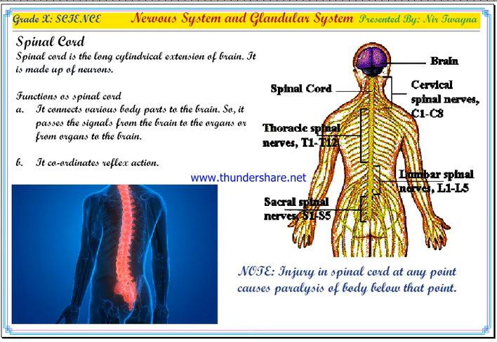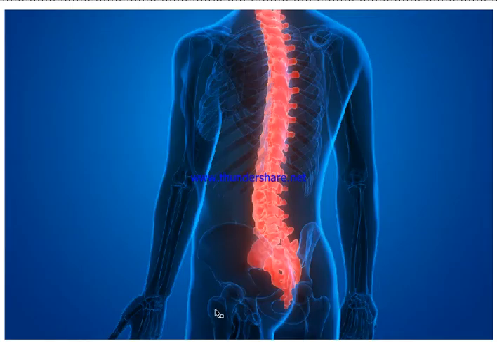It needs to be protected, and it is protected inside our vertebral column. The vertebra is very hard bone, so any physical injury from outside is prevented by the vertebral column.